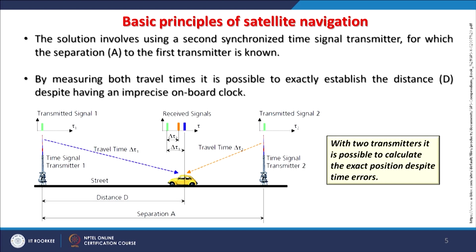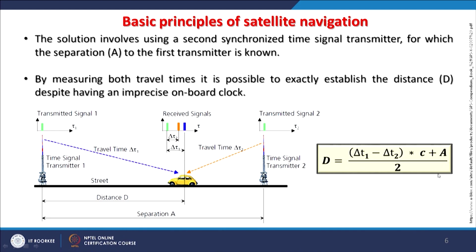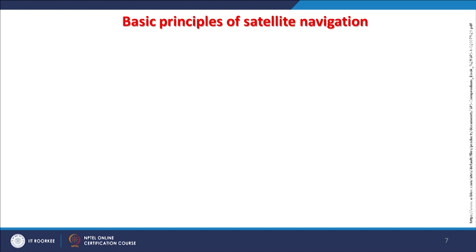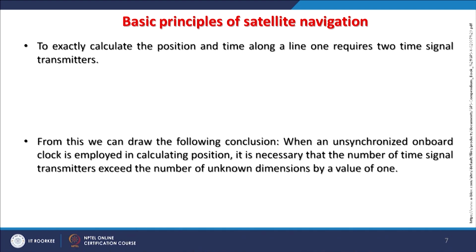By measuring both travel times, it is possible to exactly establish the distance despite having an imprecise onboard clock in the car. This can be calculated with the formula given here. So, to determine position and time along a line, one requires two time signal transmitters, as we have seen.